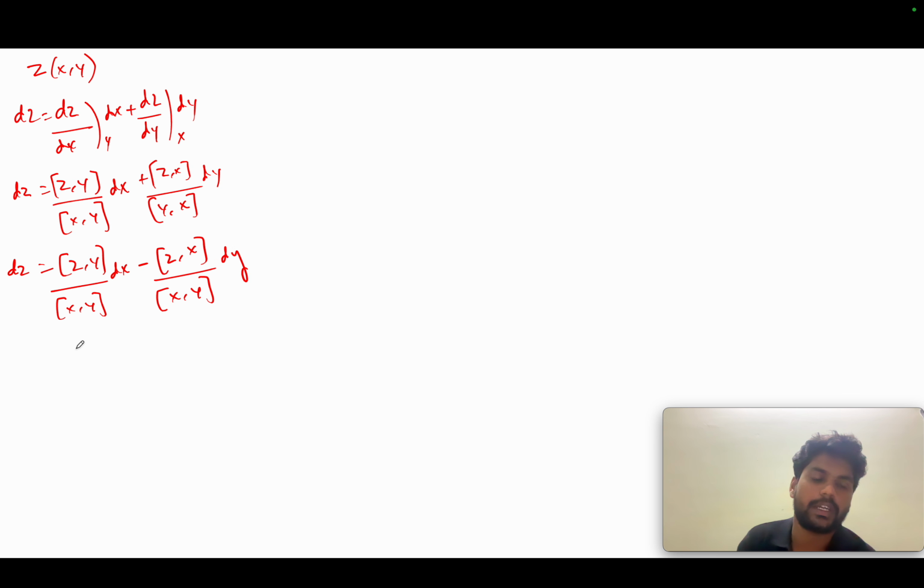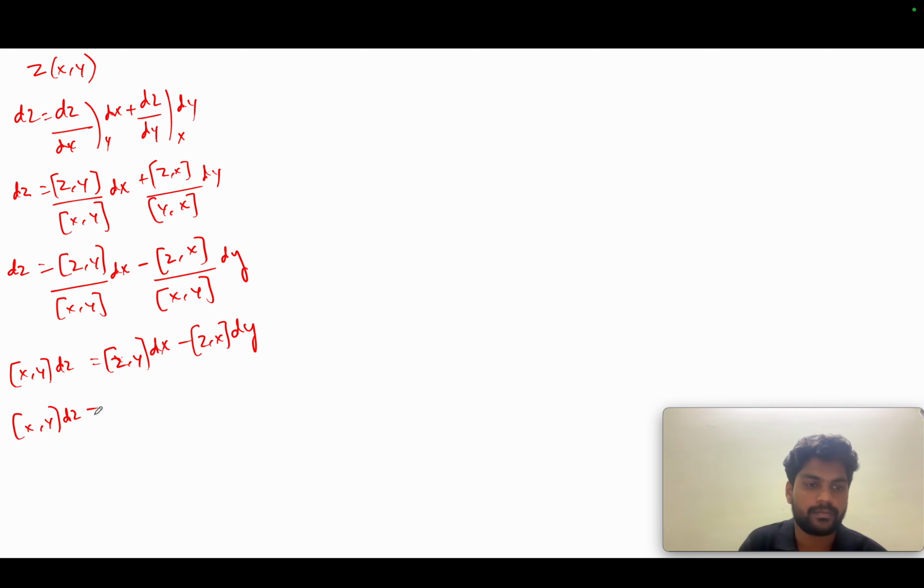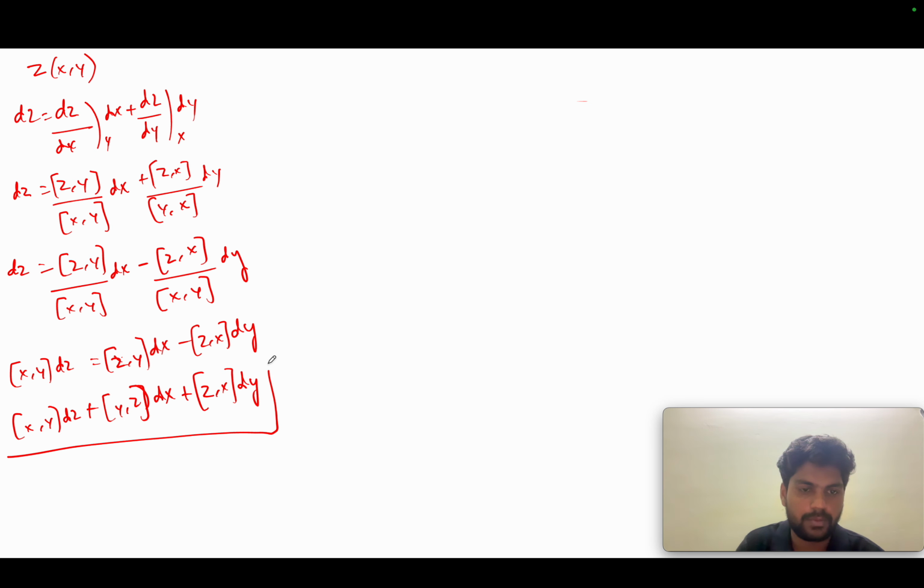Now if I take the LHS common, if I send it to that side, the denominator. Now I want to put everything in the positive, so I am changing the signs inside. Any doubts up to here?